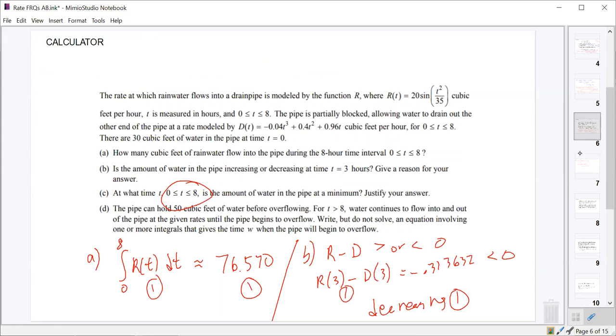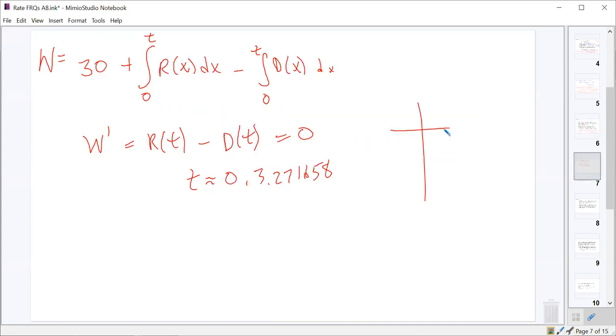And then because this is a closed interval that's given to you, 0 to 8 inclusive, you also have to check at 8. So you just make a little chart here. Here's 0, here's 3.271658. Here's 8. So these are our t values. And what are our values of W? So we'll just plug it back in to this equation to find each of those values.